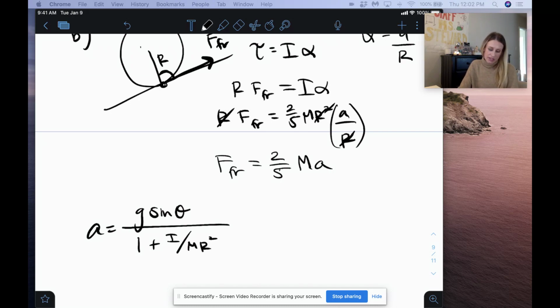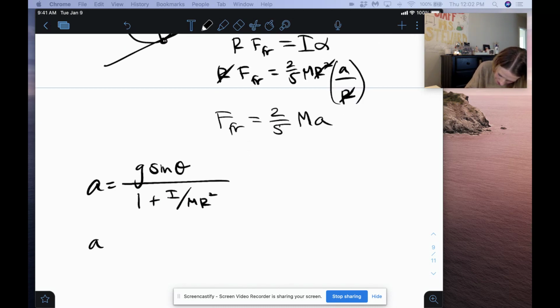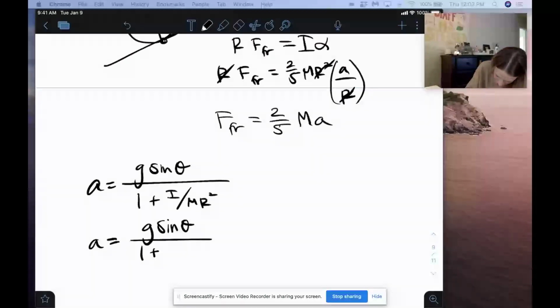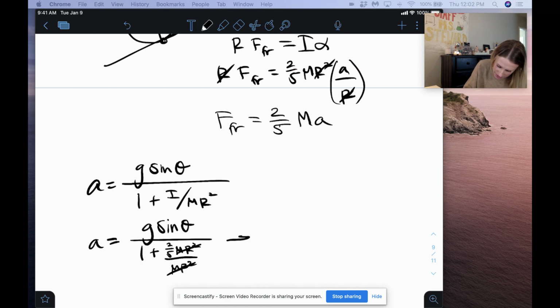So now what we do is we plug in I, so our rotational inertia, we get acceleration equals g sine theta over 1 plus 2/5 mr squared over mr squared. Those mr squareds cancel out, and so this becomes g sine theta over 1 plus 2/5.